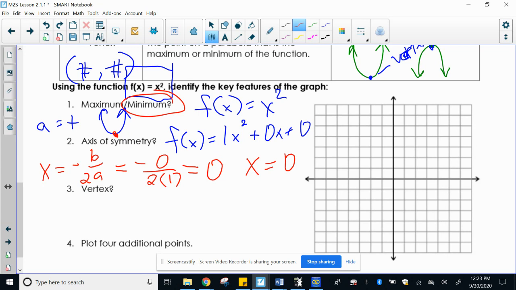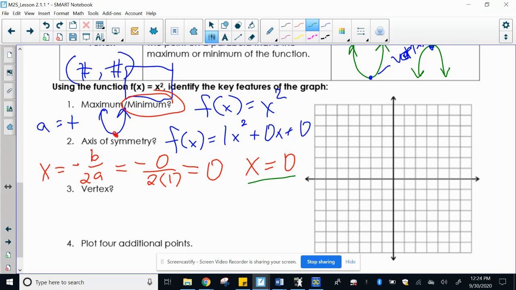We're going to work on graphing this. So our first step in graphing our quadratic is going to be to draw in our axis of symmetry. Here our axis of symmetry is x equals 0. Remember, this is going to be the vertical dashed line by which our parabola, or U, is going to be symmetric on both sides. So if it's x equals 0, I'm going to draw in a dashed line where x is 0.